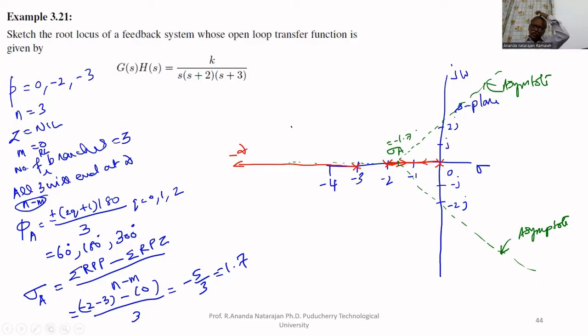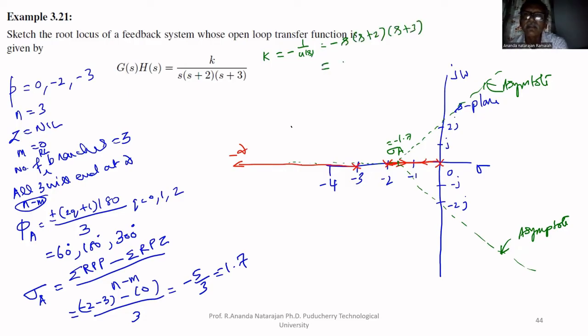Now we have to find the breakaway point. For that, we have to find dk by ds equal to 0. What is k? K equal to -1 by g of s. That is equal to minus s multiplied by s plus 2 multiplied by s plus 3. That is equal to minus s into s square plus 5s plus 6.